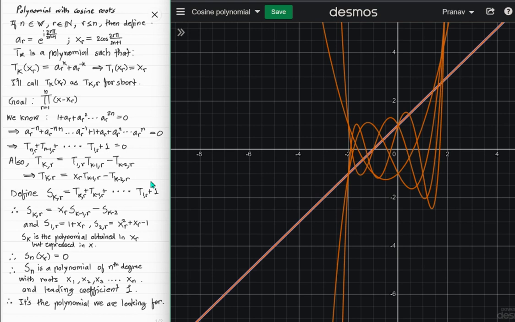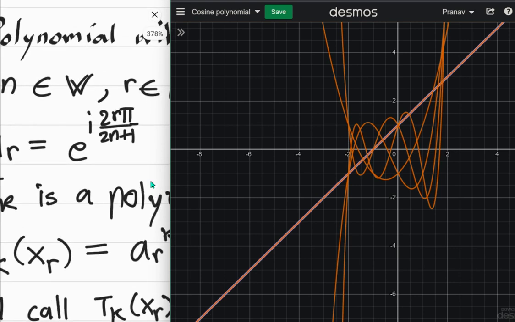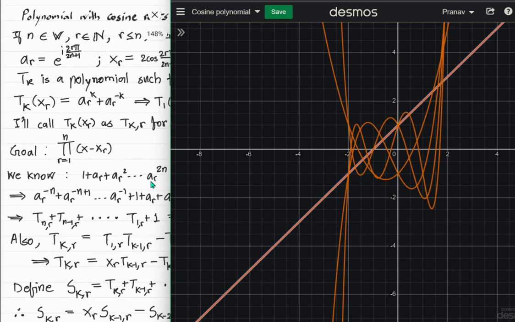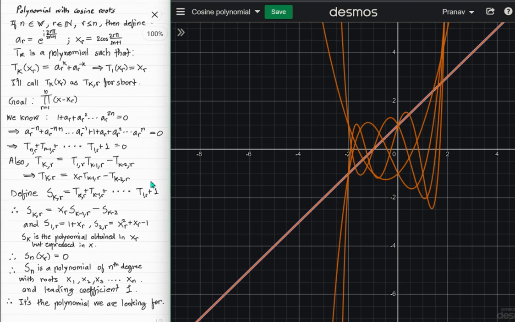It should not be n, sorry, it should be 2n roots, because these are not the complex nth roots, these are the complex 2n plus 1 roots, right? So this thing to the power of 2n plus 1 would be e to the power i 2 pi r, which is clearly 1. So these are the 2n plus 1 roots of unity, and we'll just look at n of these, not 2n plus 1 of these.